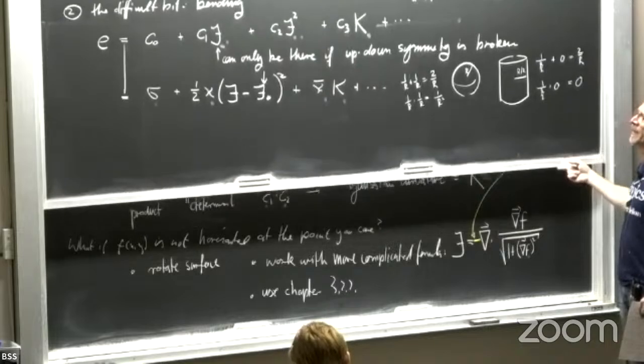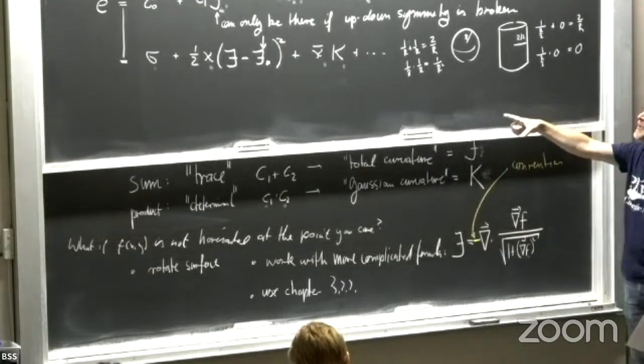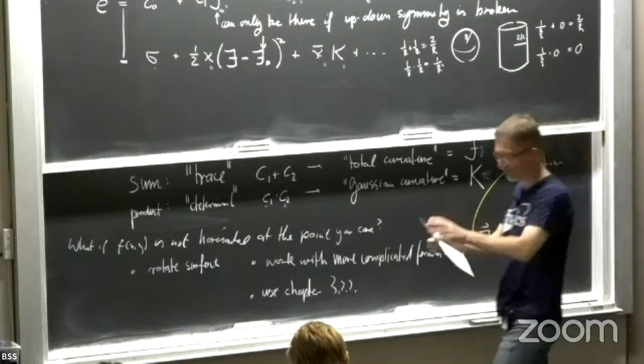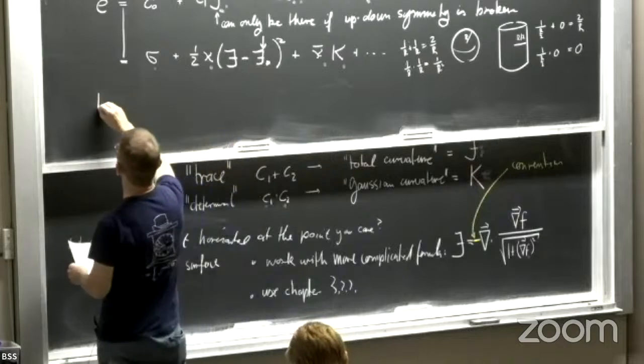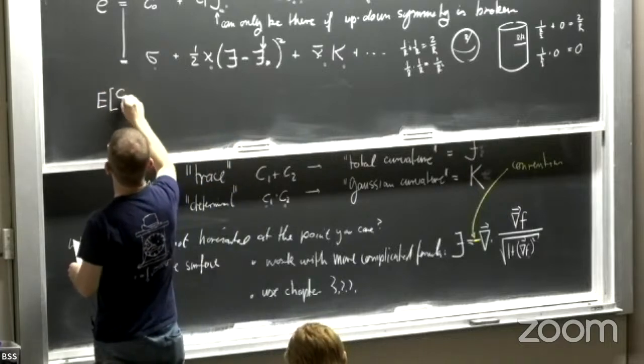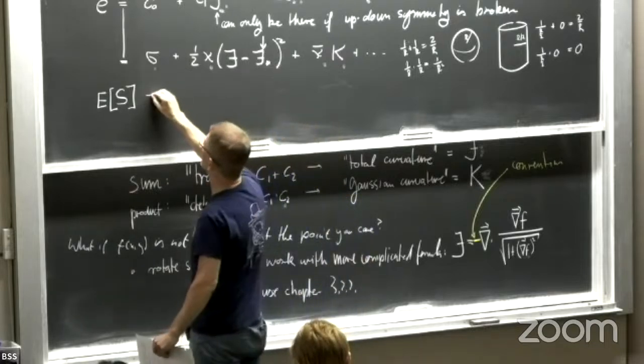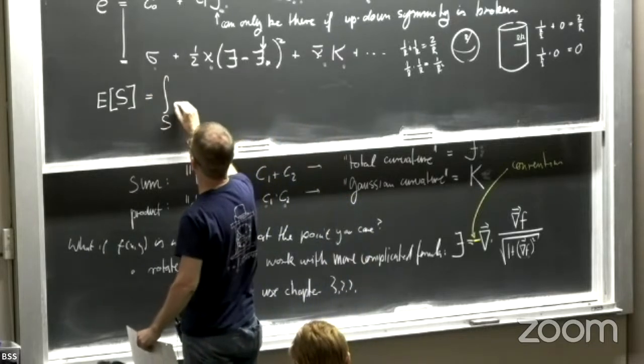Okay. And so what we have here is the energy per little area element dA on the surface. So the total energy of a whole membrane, which now depends on the whole surface, E, which depends on the surface S, like shape, would then be an integral over this entire surface.